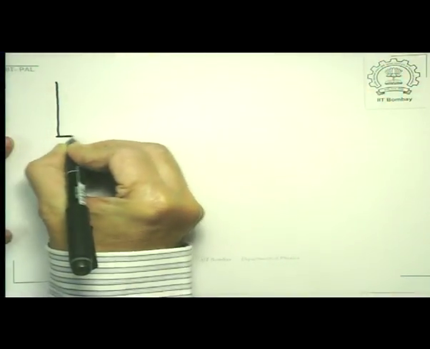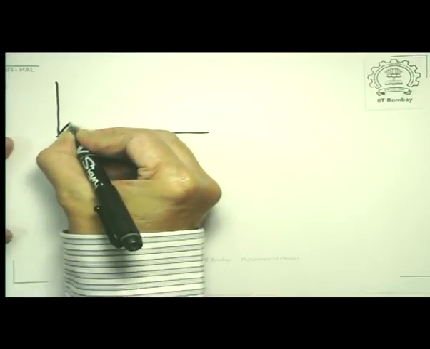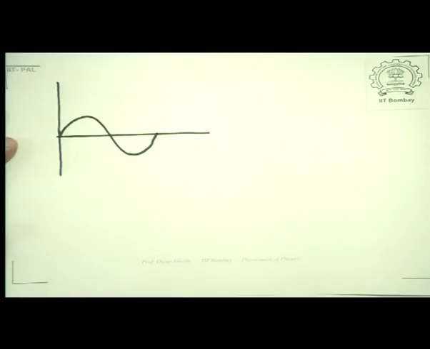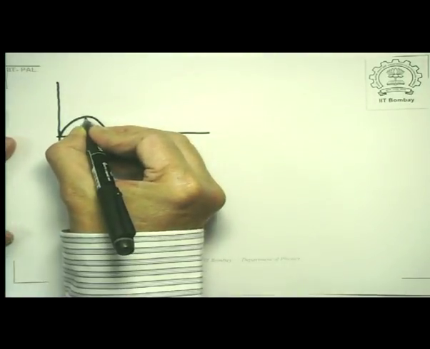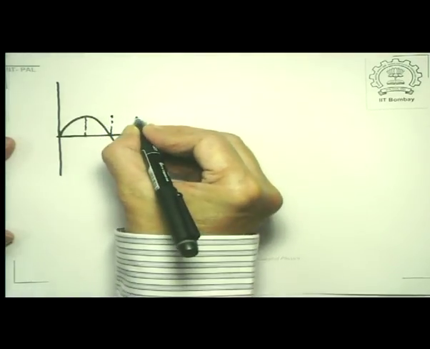Let us look at the variation of voltage and the current for one period. So this is the way the voltage varies, and let me just show quarter cycles separately.